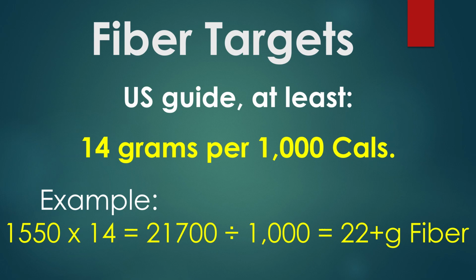Typically, fiber is simplified to 30 to 50 grams a day, and it is part of the carbohydrate intake. You do not need to separate it out or think of it as a separate entity. It's just going to be part of real food. If you're eating real plants, whole grains, fruits and vegetables, nuts, and seeds, you're going to get the right amount of fiber without ever having to think about it.